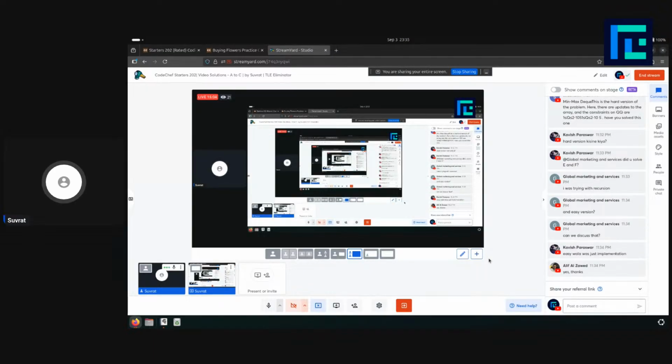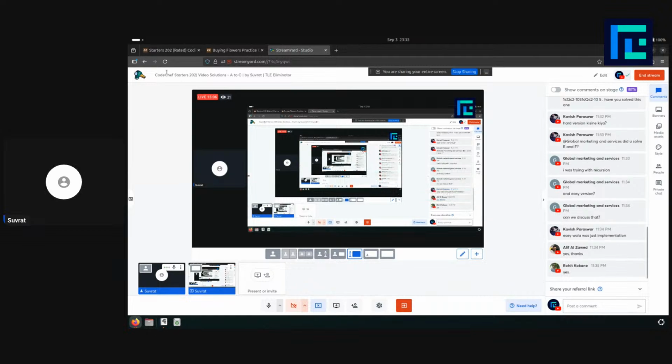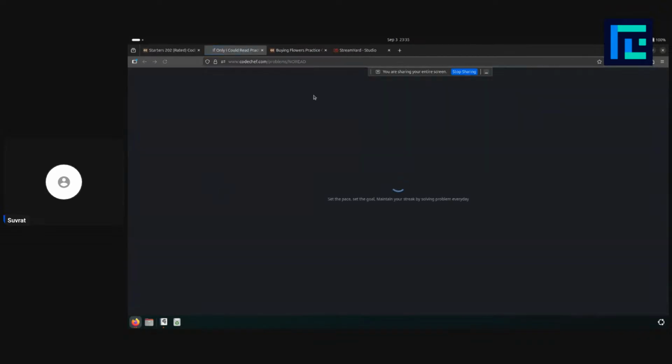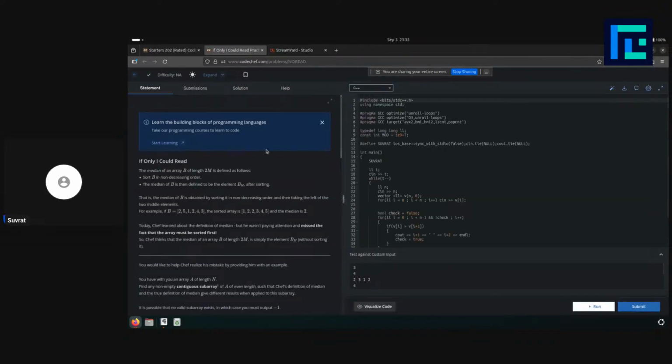Okay, so let's move on to the next problem. The median of an array B of length 2m is defined as follows.